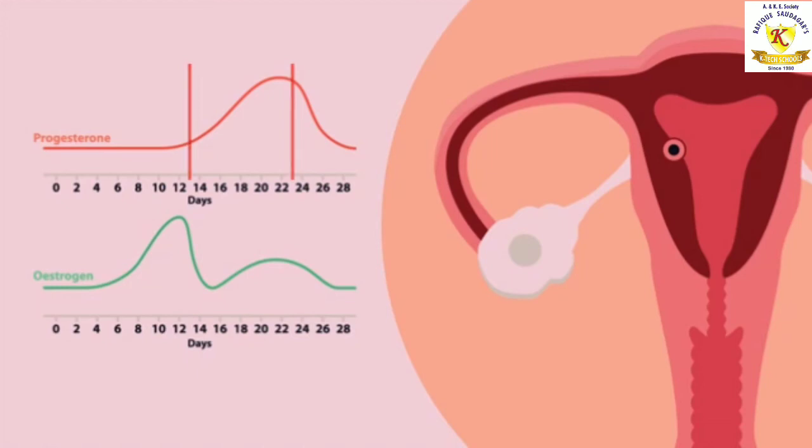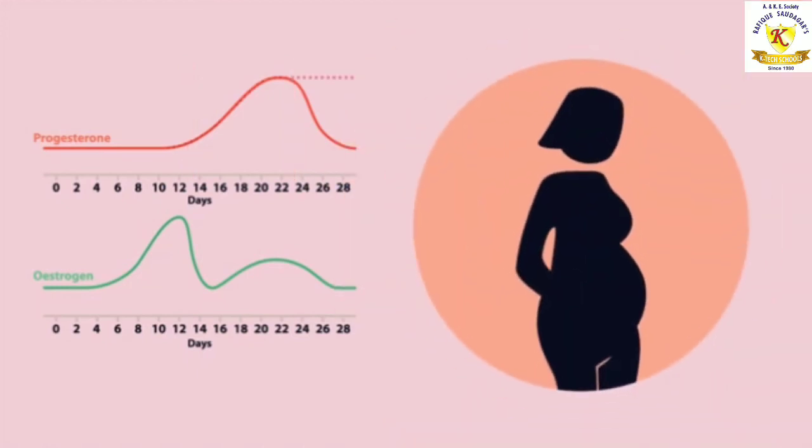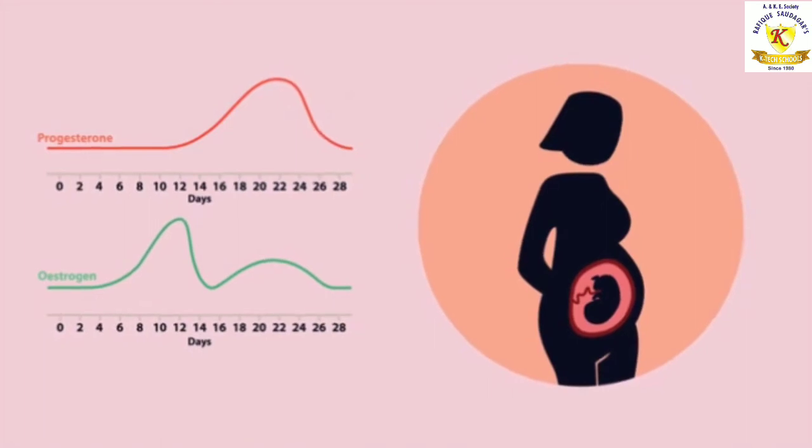But if the egg is fertilized and implants, then progesterone levels stay high for the first 6.5 months of pregnancy. The follicle continues to produce it until the placenta is formed. So, estrogen builds up the uterus lining and progesterone maintains it in the second half of the menstrual cycle.